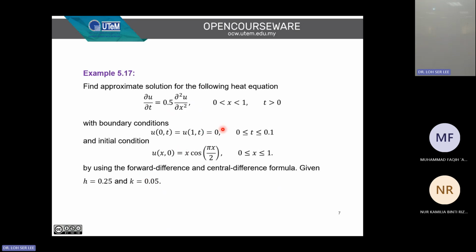If you use the finite difference method, this one is not necessarily 0, and this one can be any other values other than 0. Then, by using the forward and central difference formulas, given H is 0.25 and K is 0.05.